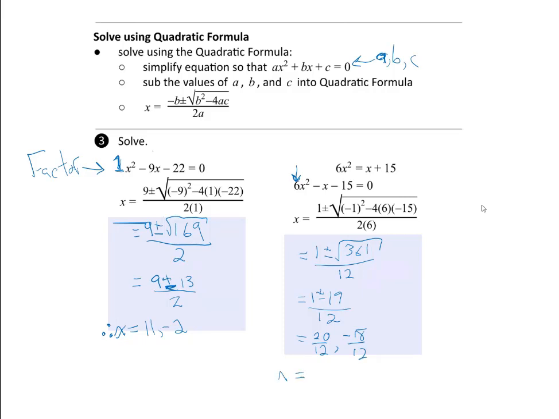So we have x is equal to 5 over 3 and negative 3 over 2, because those are just the reductions of those fractions. And that's all it is. Oh, and our therefore statement. I forgot my therefore symbol there. Therefore, x equals 5 over 3 and negative 3 over 2.